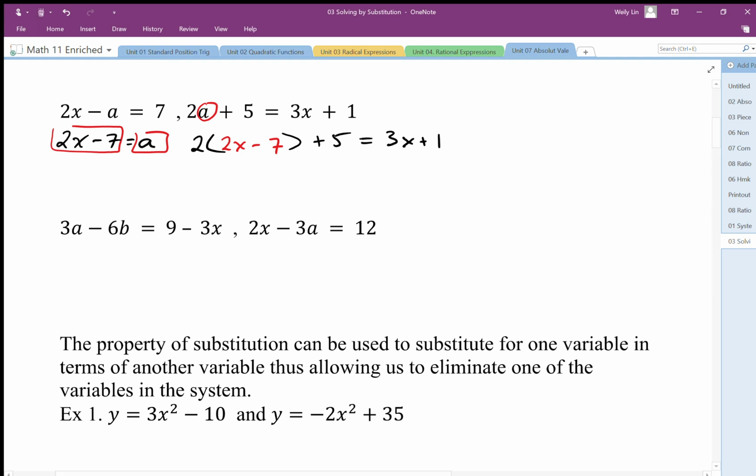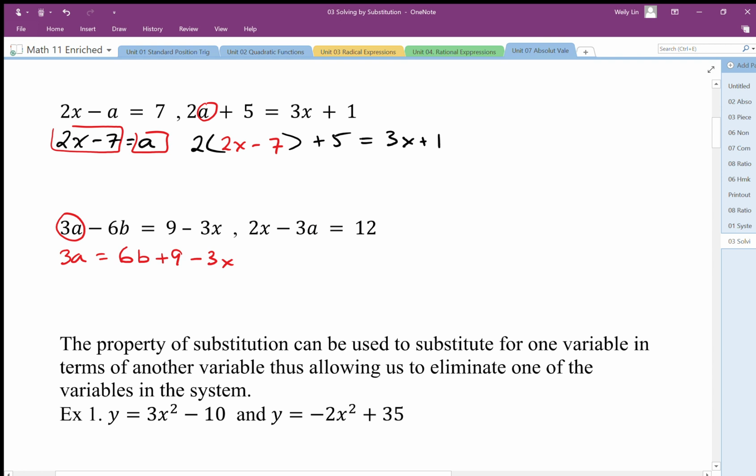So here we can take a look at this one. If we can find an equivalency, we can replace like for like. In this one here, I'm going to maybe solve for that 3a. So I'm going to say 3a is equivalent to 6b's plus 9 1's minus 3 x's.